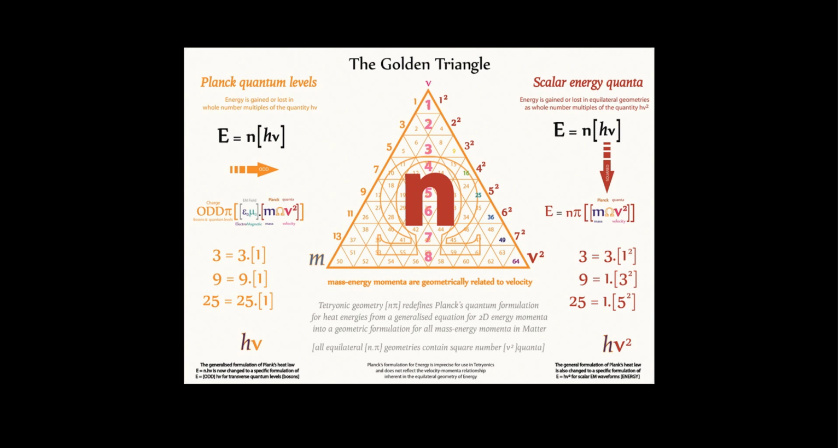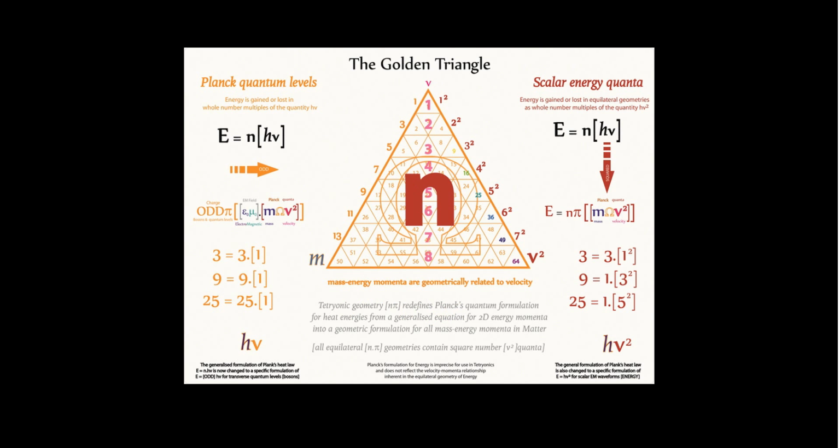And when we add electric and magnetic fields, things become even clearer within this geometric idea. So what I'm saying here is that Tetryonic geometry redefines Planck's generalized quantum formulation.